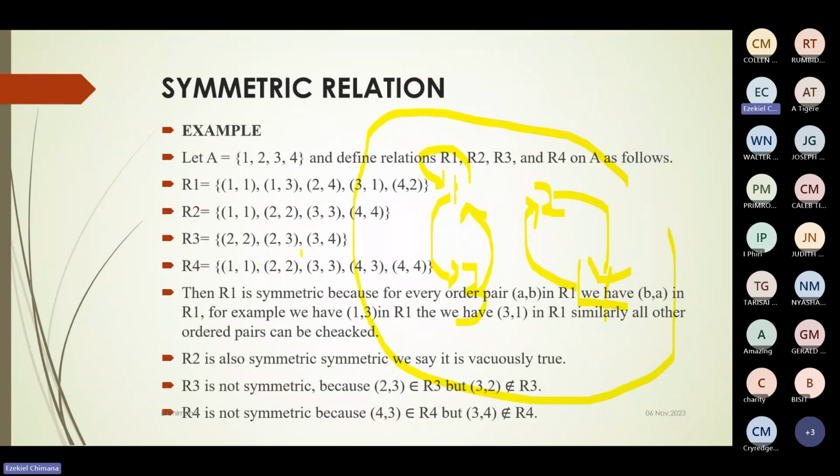Okay, you've got R2 also a symmetric relation. Yes, it's R2. Okay, this one. Yes, and then if you are asked to draw a diagraph of that relation, how will it come out?